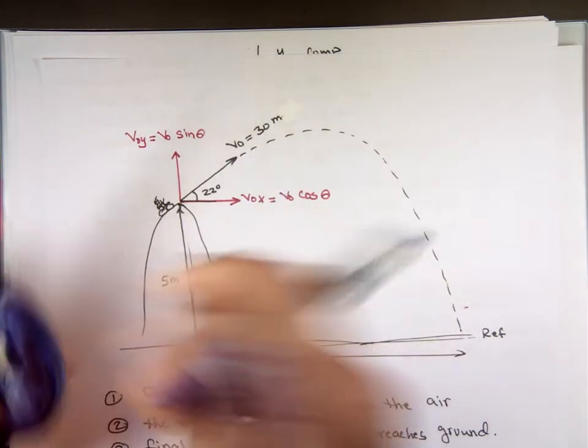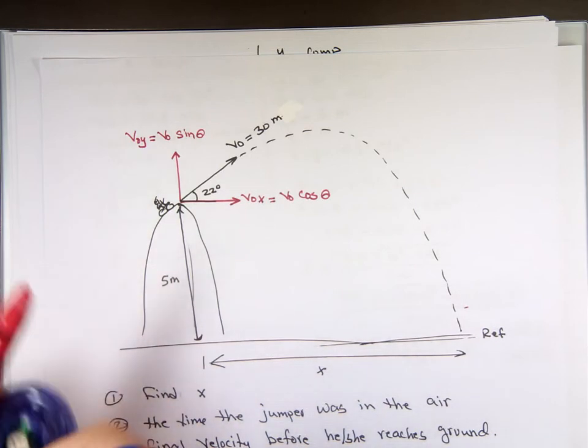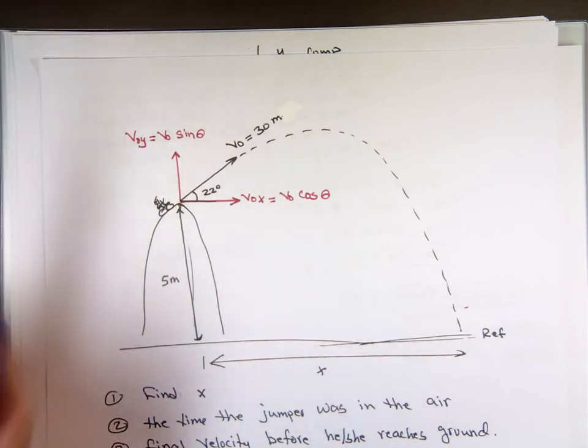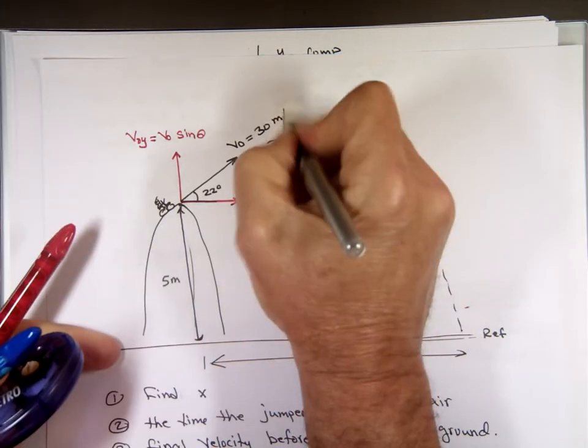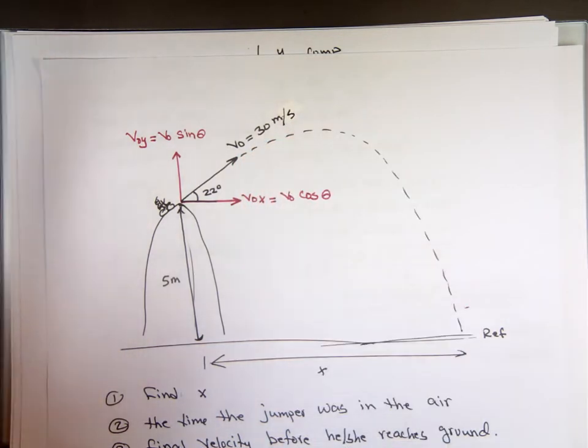So you have to watch the whole video now to see that I made that mistake. I forgot to convert that. I'm not going to go back and redo the problem. Oh, I forgot, this is meters per second. So that person was going 30 times 2.24, roughly 67 miles per hour when they hit that ramp.